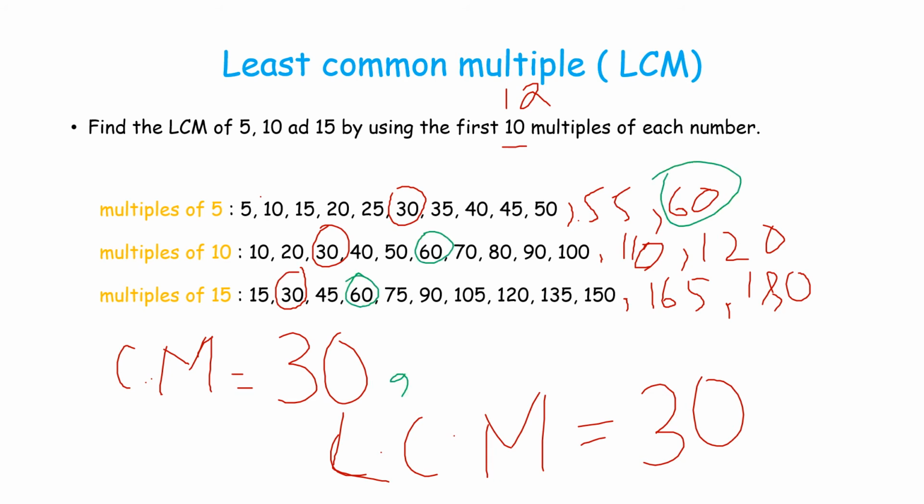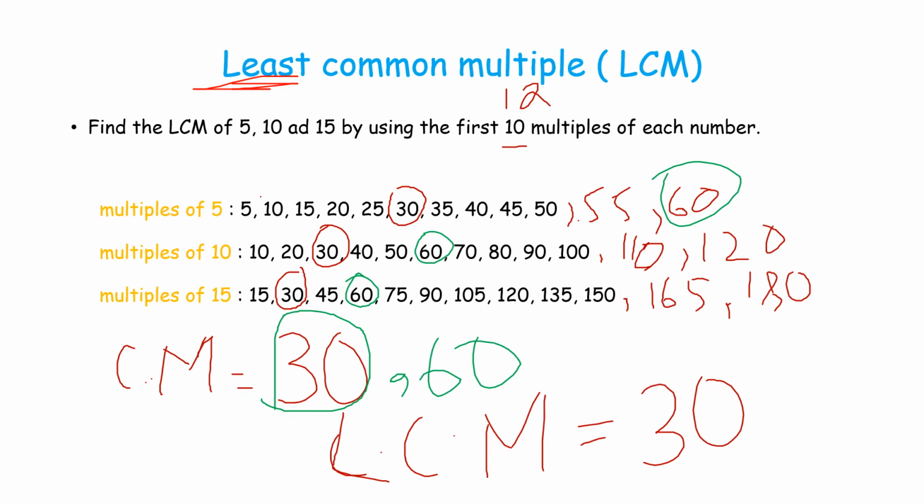So if there are more than one common multiples, then we look for the smallest one, which is 30 here, because as the name says, least. So we look for the least common multiple, which is 30. So the LCM of 5, 10 and 15 is 30.